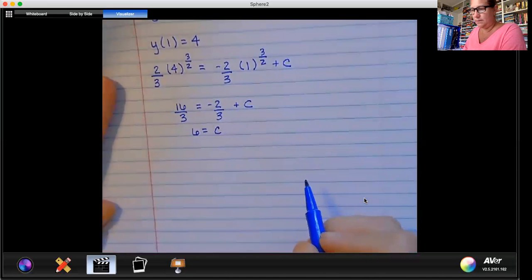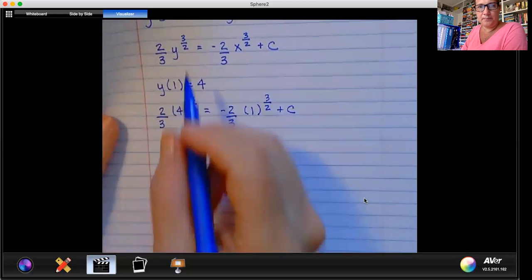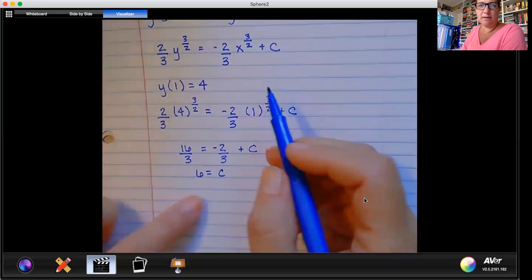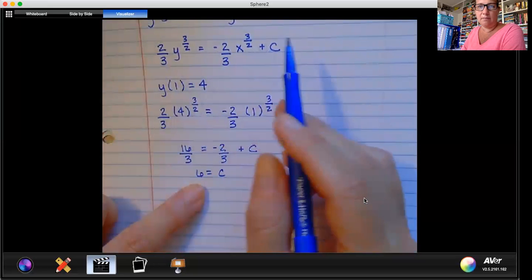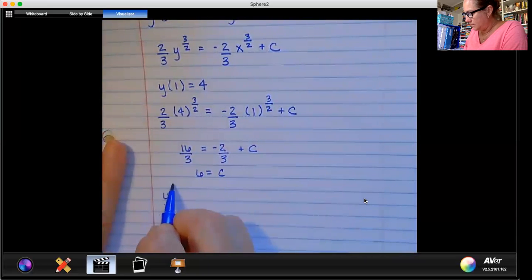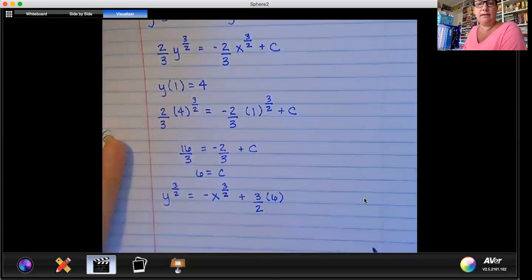And then when I go to plug that back in, that's when I can simplify my values here by my 2/3, but I've got to remember that now I have c, so I need to accommodate that in my problem. So if I have y to the 3/2 equals negative x to the 3/2, I need to include that 3/2 when I multiply by c.